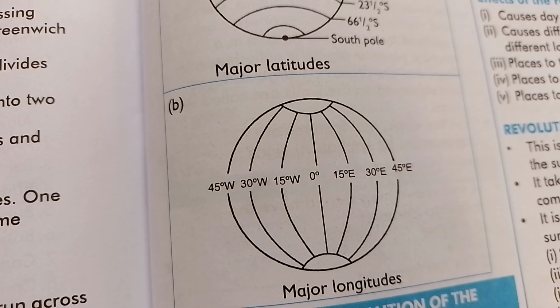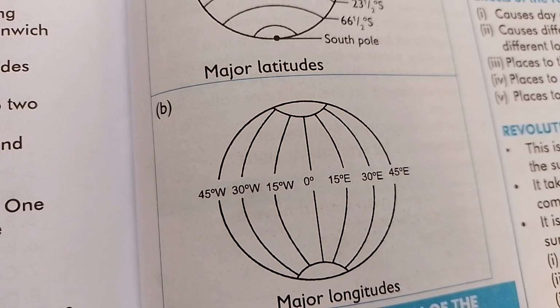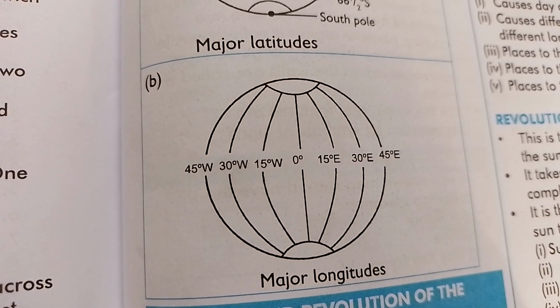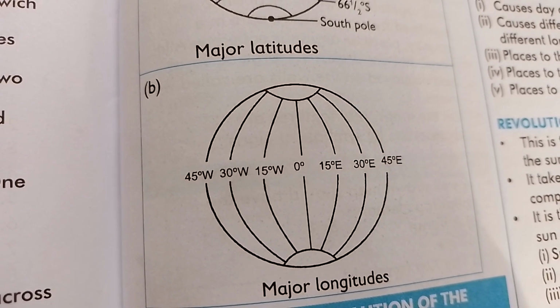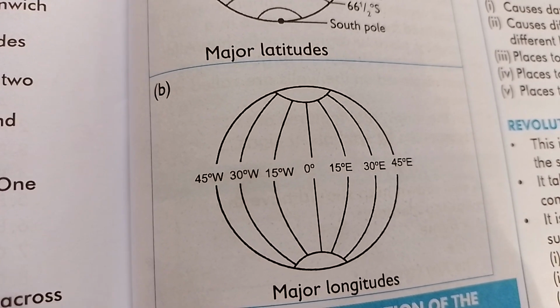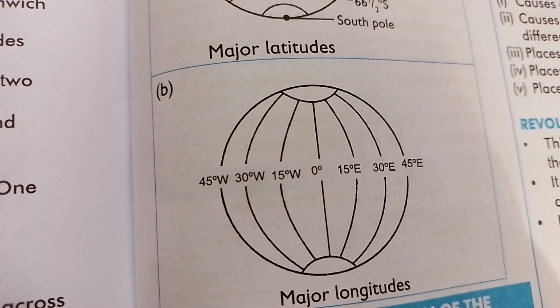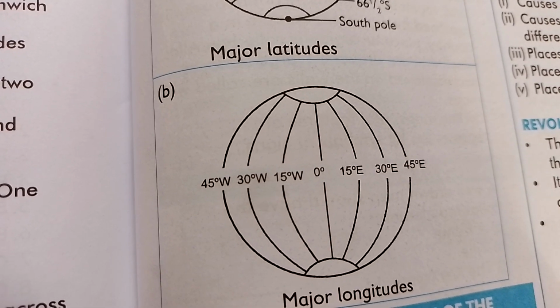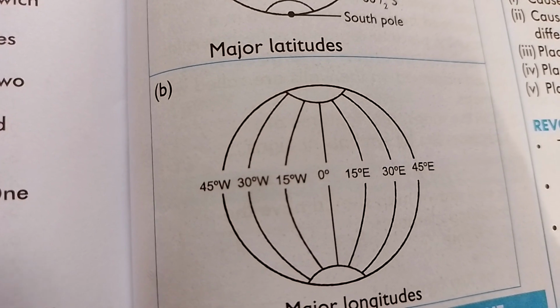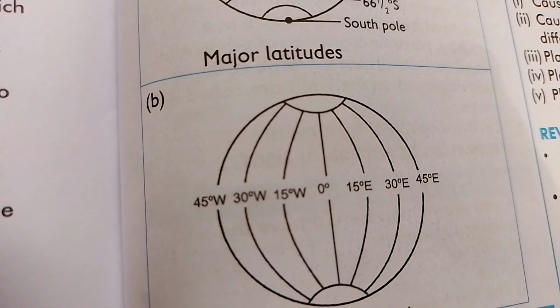They run from the North Pole to the South Pole. The funny thing with the longitudes, they are not parallel since they originate from the same point and they meet at the same point. The major feature of the longitudes is that they are not parallel lines. And also you can see how they are.